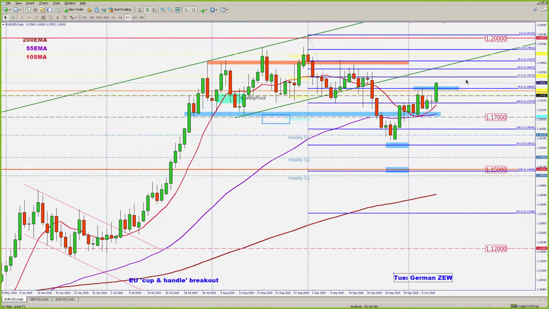It could be trying to target the 62 Fib retracement level at the 118.50 area, and perhaps all the way back up to the 50 Fib retracement, where it could come back to retest the lower channel trend line, and that's around the 118.80 level.